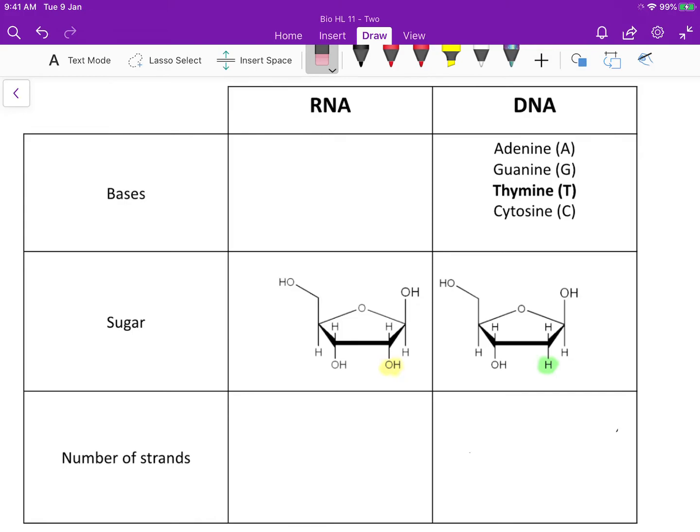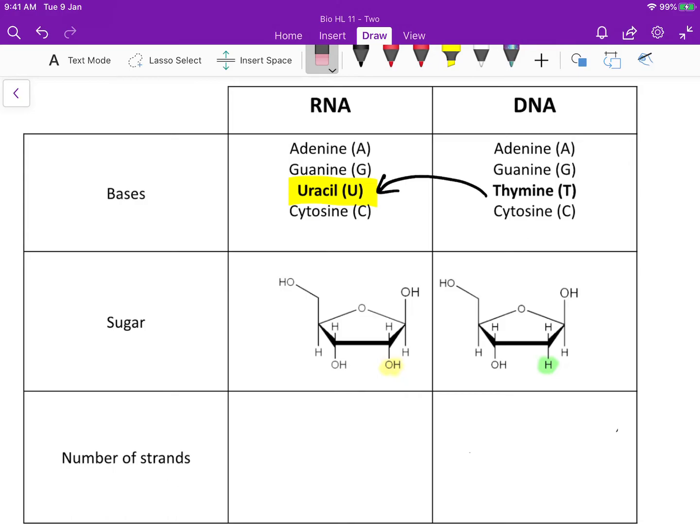So what's the difference with RNA? How can we tell it apart just from looking at the bases? Well, we have something slightly different. Adenine, guanine, and cytosine are all the same, but thymine is replaced with uracil.